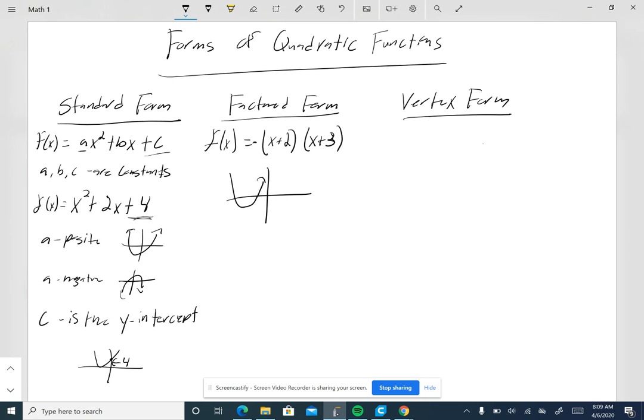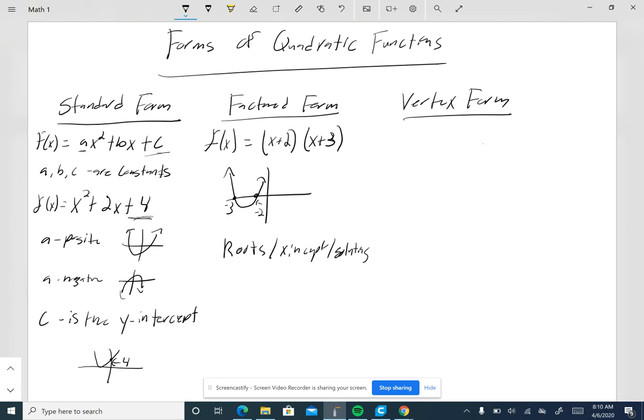If it was negative, it would open down, just like we learned last time. And then these two roots are going to be -2 and -3. It's just these numbers, but the sign changes. We'll talk more about this in a later video. But just know that from factored form, we can identify the roots, also called x-intercepts, also called solutions. Just be aware of all those names.